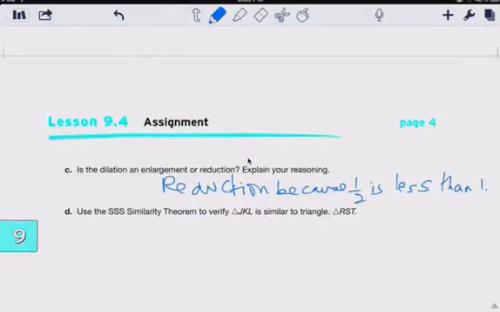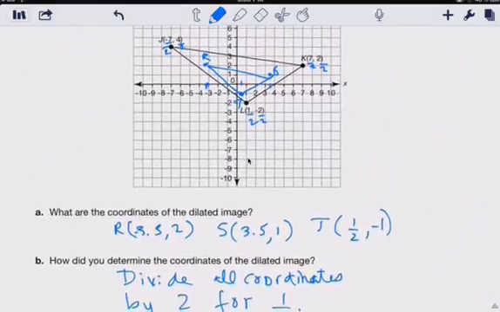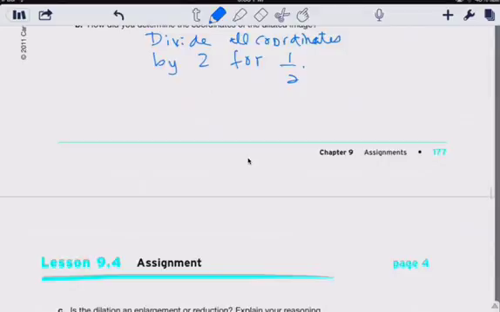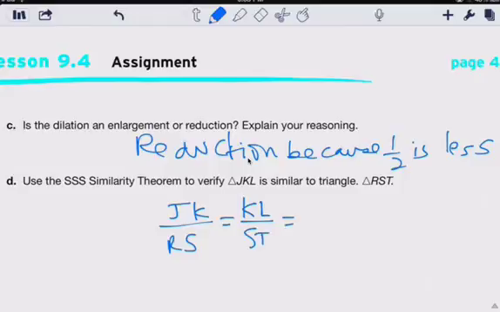Oh no, not side, side, side. Can we do other things? We need to do Pythagorean theorem for all of them. Well, it's going to be half. You're going to reduce it to half. Okay, side, side, side. JK over RS is equal to KL over ST, it's a dilation, so it's going to be similar. And JL corresponds to RT.